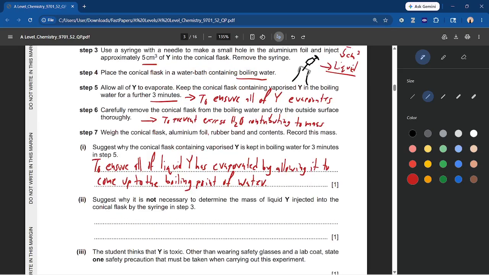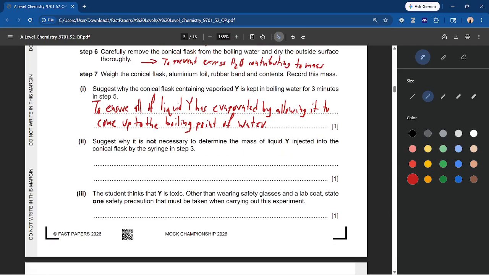If you take a look at step 7, weigh the conical flask, aluminum foil, rubber band, and the contents. Record this mass. So you just want to find out how much Y has been vaporized.